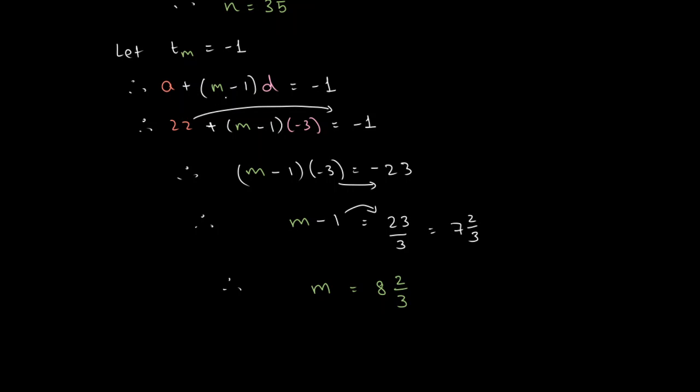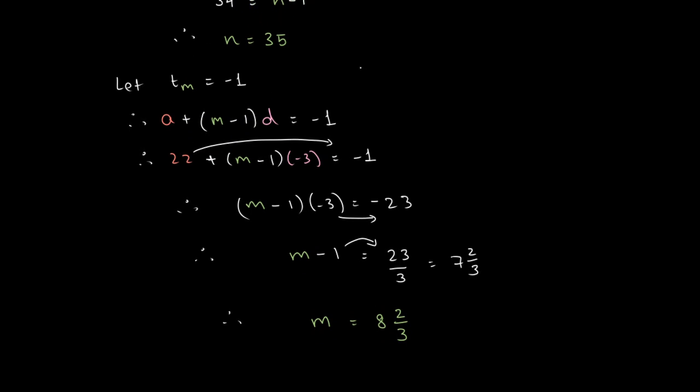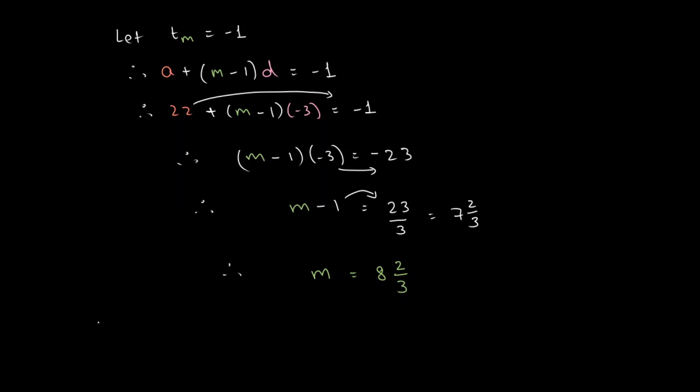Now remember, m or n that we consider in general is the position of the term, and the position of the term can never be a fraction. It has to be a natural number. Now m must be a natural number. I can never say there are 8 2 upon 3 terms in a progression.